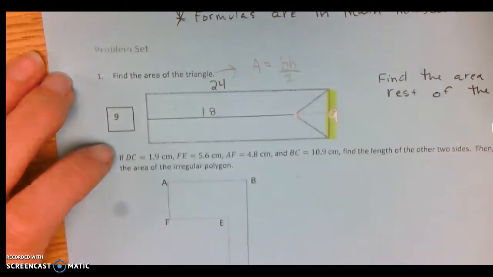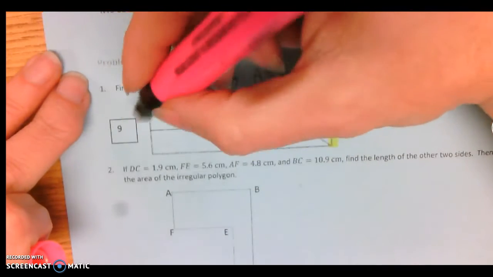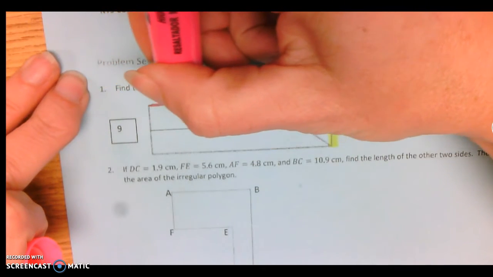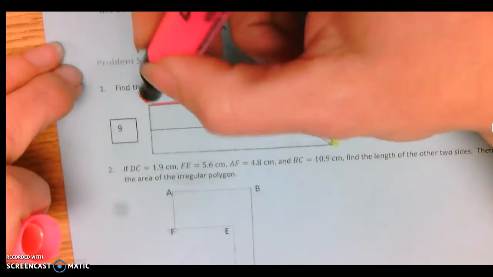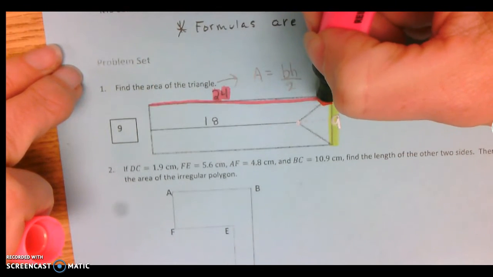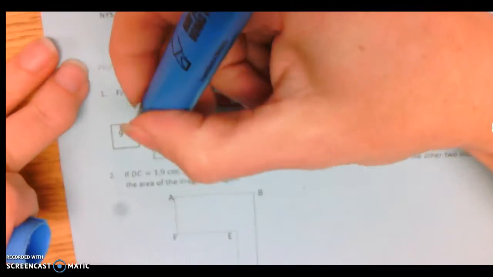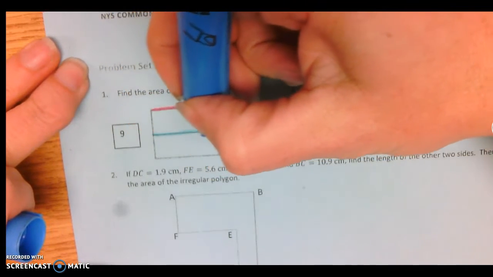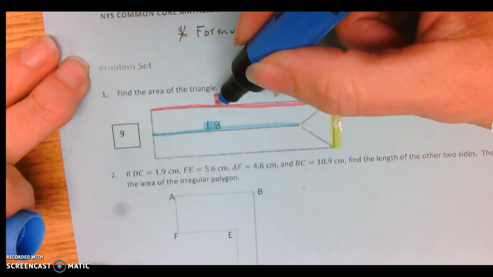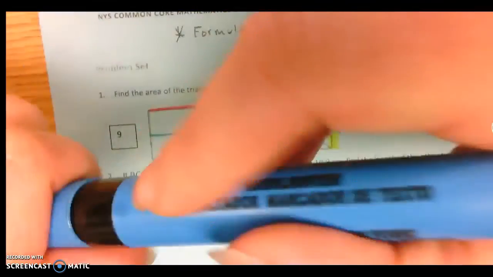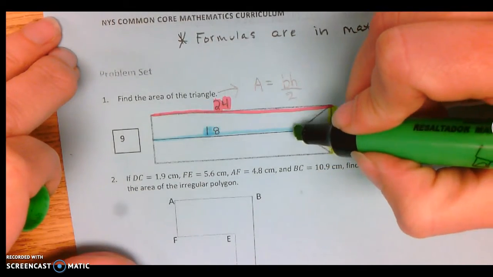I noticed that the top of the rectangle has a measurement of 24, and this line segment here measures 18. What can I do with that fact to find this piece right here?